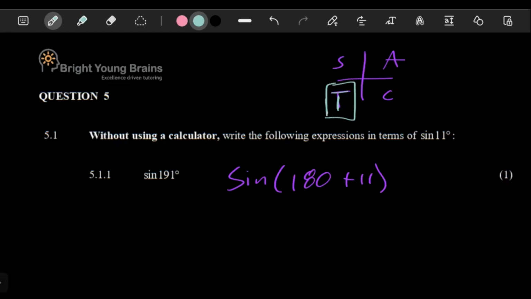And in this quadrant, sine is negative. So this is going to give us negative sine 11, because you still use sine because of the 180. In this quadrant, sine is negative, so you put negative for sine.